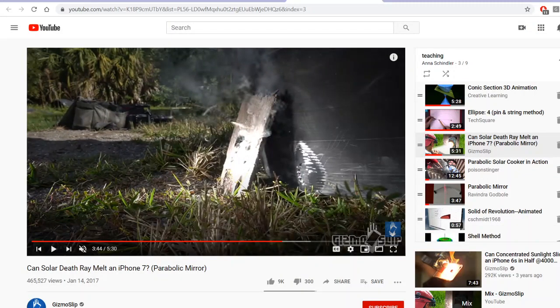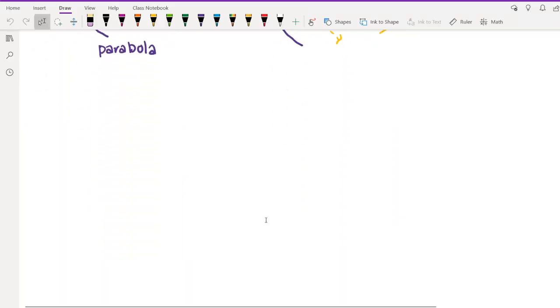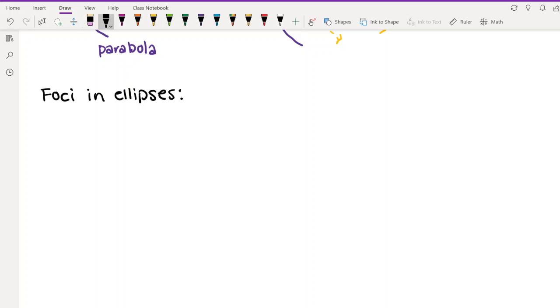So one thing I wanted to mention that's kind of off topic, going back to ellipses, but it just feels like the most natural point to bring it up. The foci in the ellipses also have a natural interpretation. So basically, if you imagine the planet Earth, or really any of the planets in our solar system, and think about what's the trajectory that they make when they orbit around the sun.